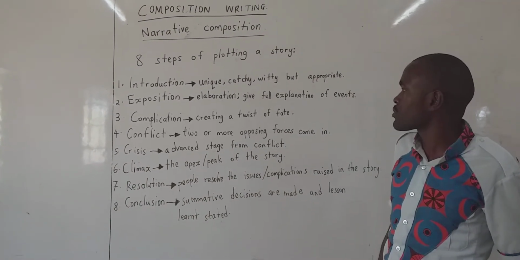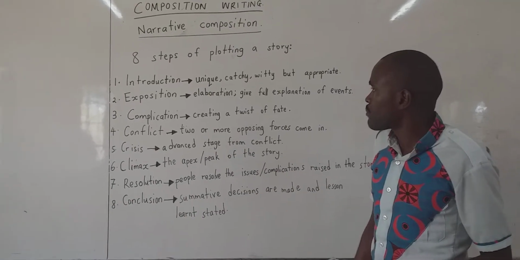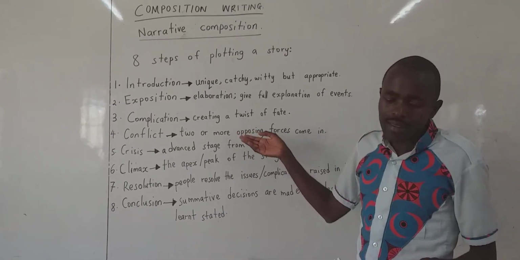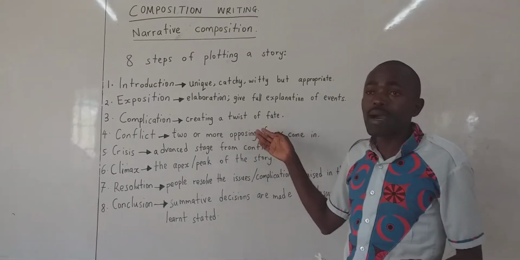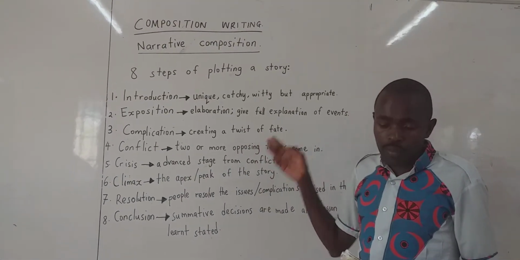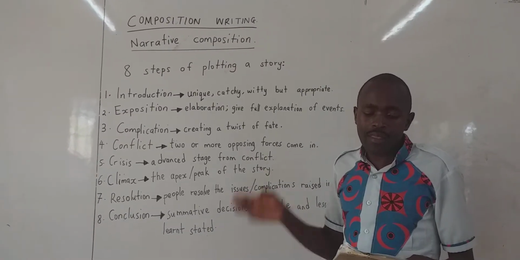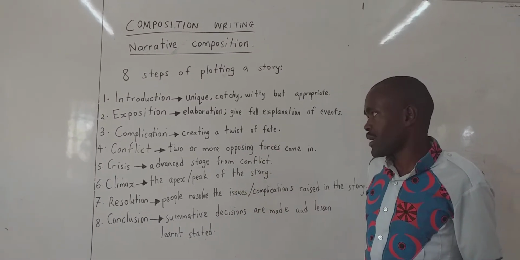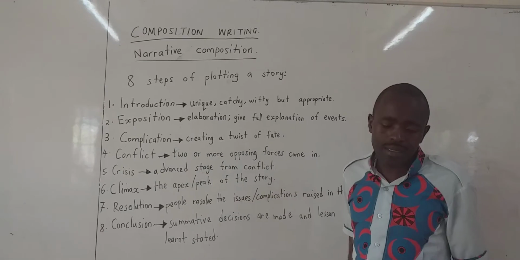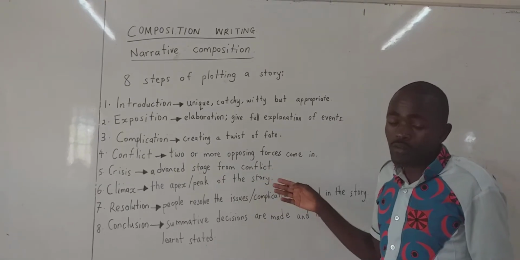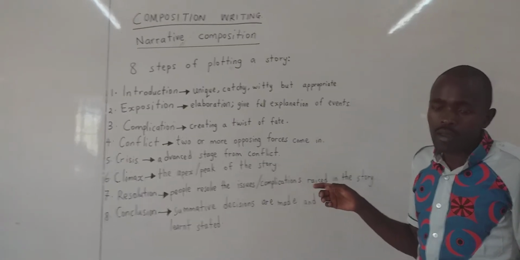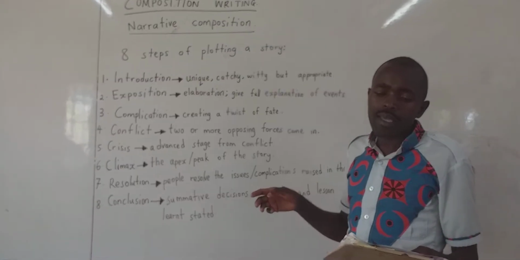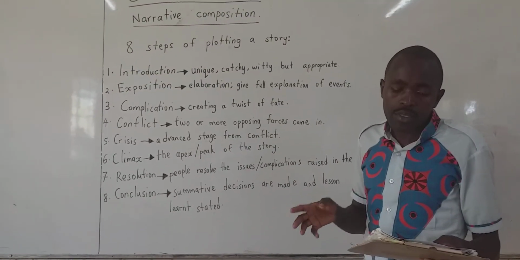And then number 3, we have complication. Here is creating a twist of fate, and this one marks the beginning of problems in an otherwise smooth situation. I repeat, in complication, it's just creating a twist of fate, and it marks the beginning of a problem in an otherwise smooth situation.